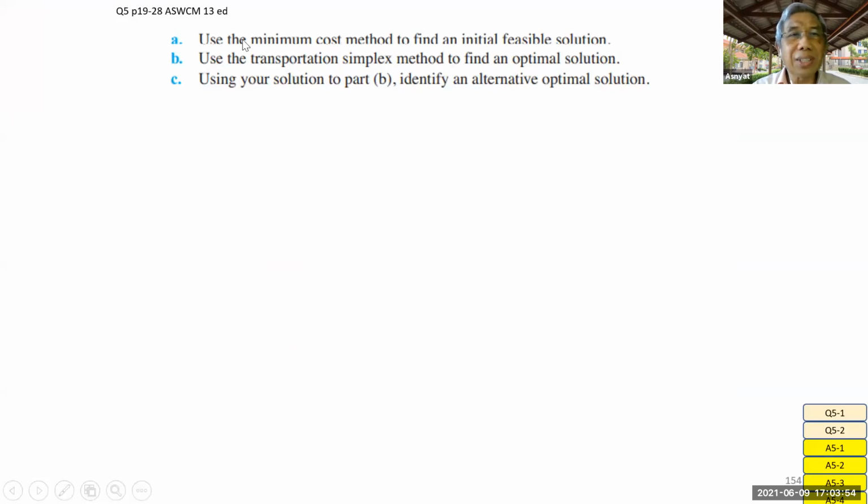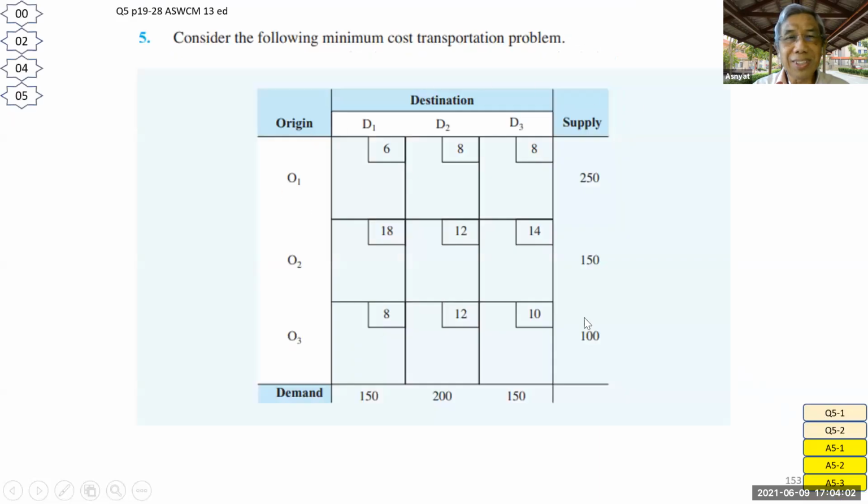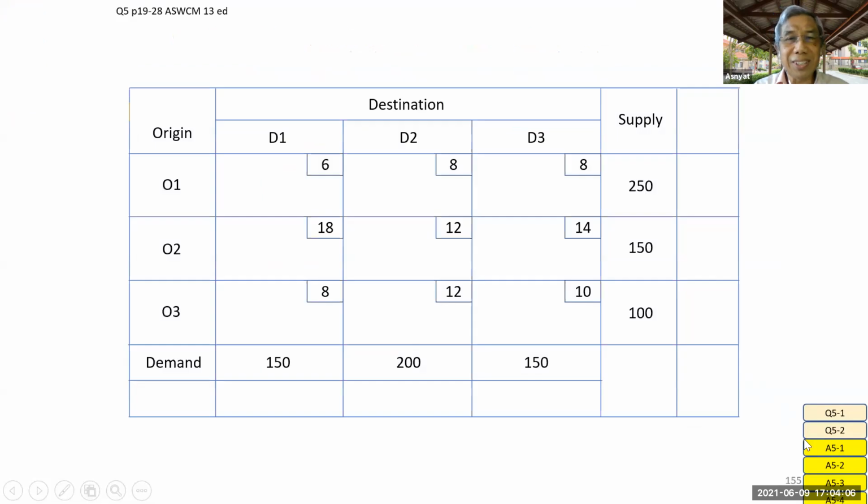Okay. Let's answer A first. Before answering, you have to copy this tableau, maybe something like this. Try to copy this quickly, unless you have your template with you. In the exam, you have to write this.